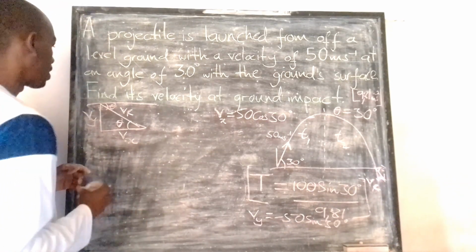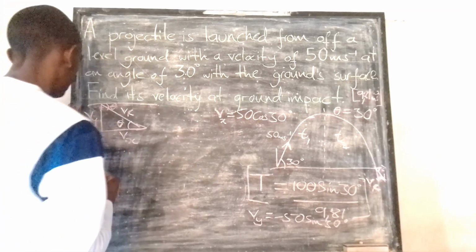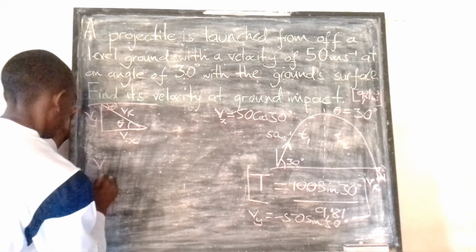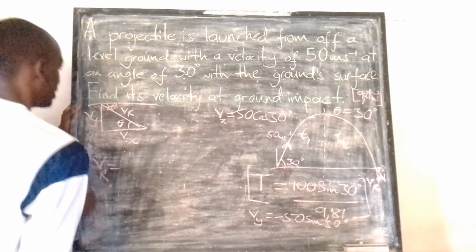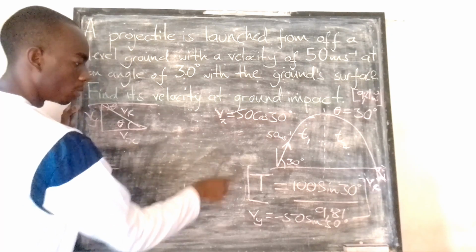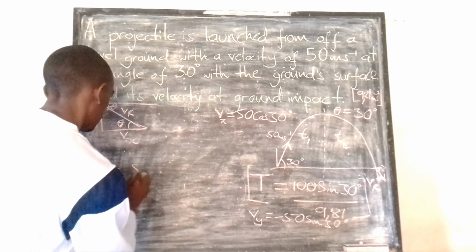So how do we find Vr? We find Vr by simply utilizing the Pythagoras theorem. So in this case, Vr is simply the square root of Vy squared, and what is Vy? Again, I'm taking the magnitude.